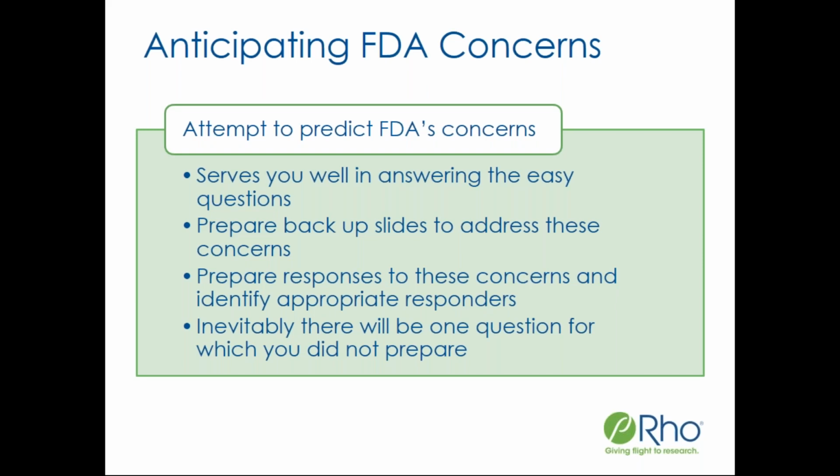And you can't do this too early in your process. The earlier you can do this, the better in terms of informing your briefing package and your interaction with FDA. And you can keep these in mind as you begin your rehearsal, as you wait for FDA's preliminary written responses once they've had a chance to review your briefing package.